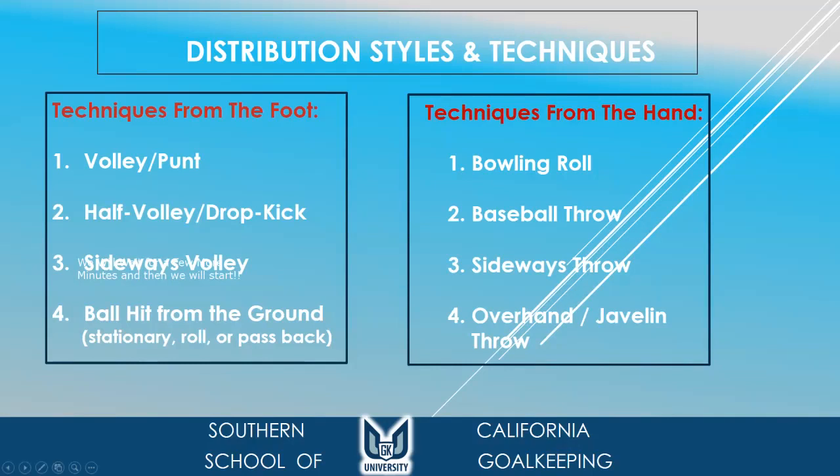As we look into it, with the foot we have our volley, punt, half volley, and side volley. You have the ball that can hit the ground, so it's either a goal kick, rolling on the ground, or a pass back, and then we have the techniques from the hand. We can bowl it, baseball throw it, sideways throw it, and we have our overhand javelin style throw. And we'll go over what those look like in a second.